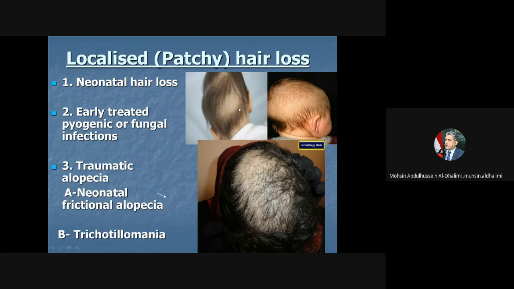When the neonate sleeps on the pillow, the child keeps rubbing constantly. So he gets friction between the occipital area and the pillow, and this leads to localized patchy hair loss in the occipital area.